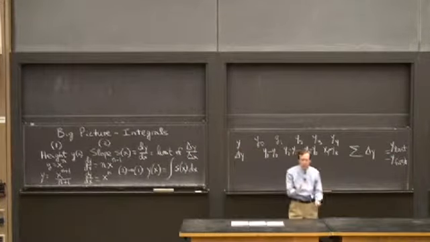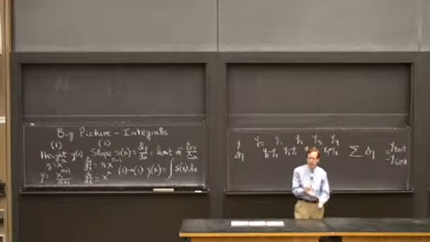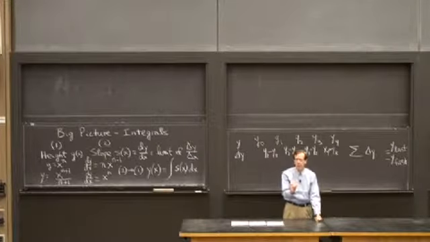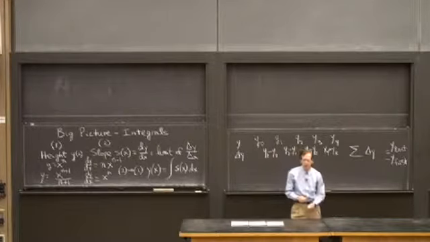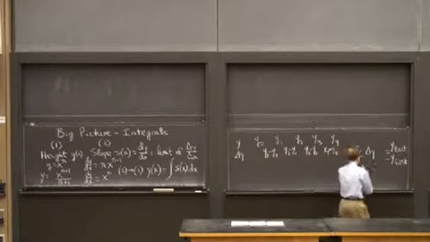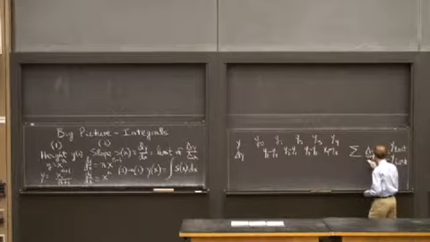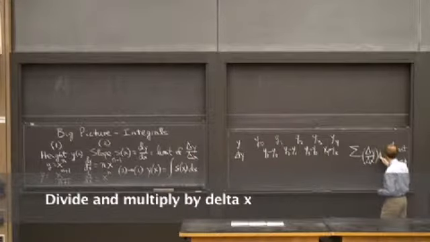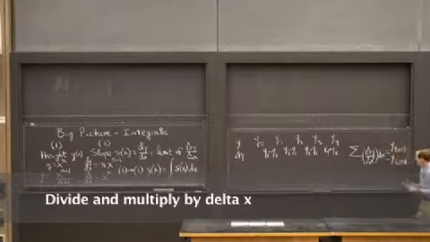So in moving toward calculus, what am I doing? I'm thinking of the changes delta y over smaller steps delta x. So it's really, I just want to take this step. I want to divide by delta x and multiply by delta x. Why do I do that?